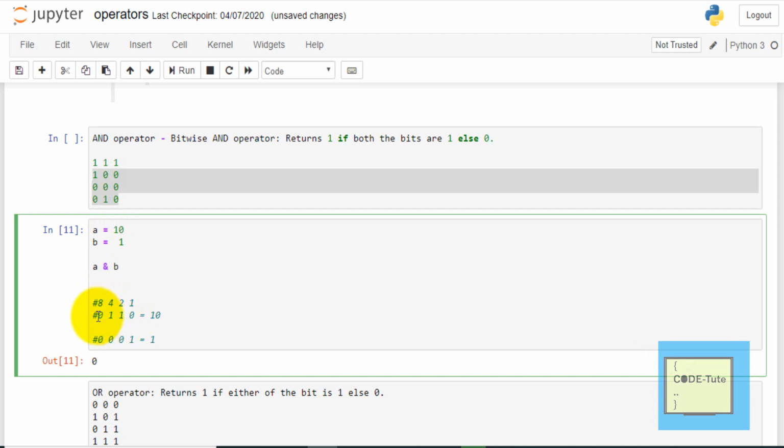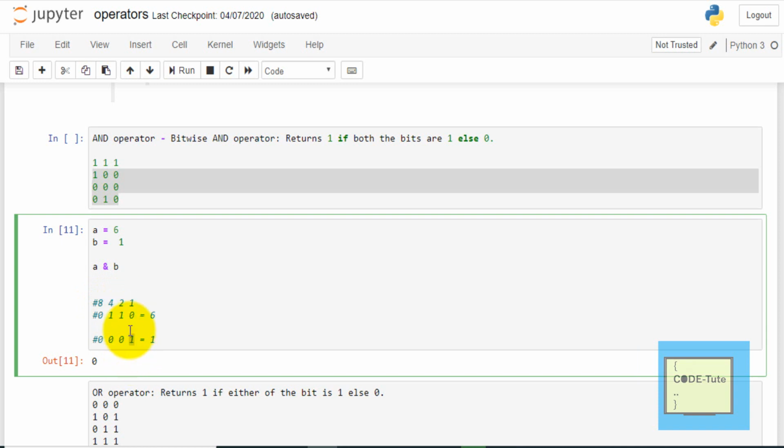Actually it's 6, not 10. So 0 1 1 0 means 6, because 4 is 1, 2 is 1, and 8 is 0, 1 is 0. So 4 plus 2 is 6. So 0 1 1 0 represents 6, and 1 is represented like this: 0 0 0 1, because all these bits are turned off and only this bit is on.